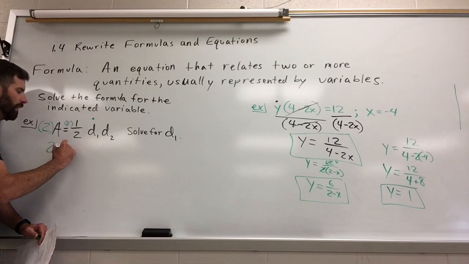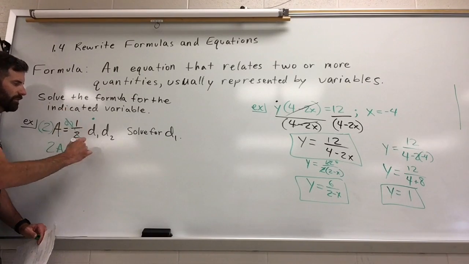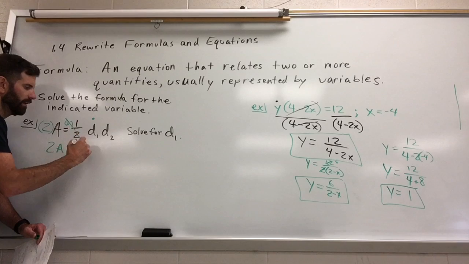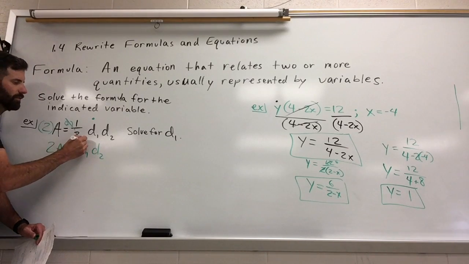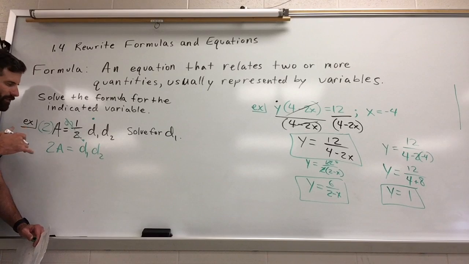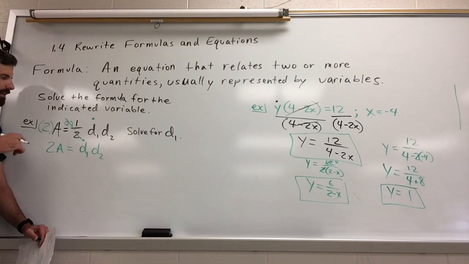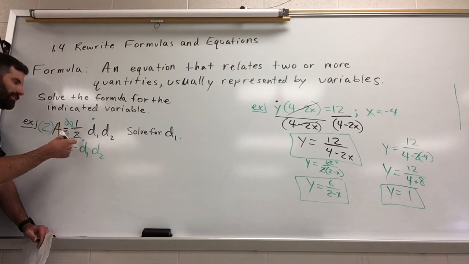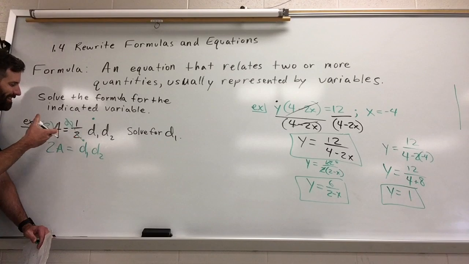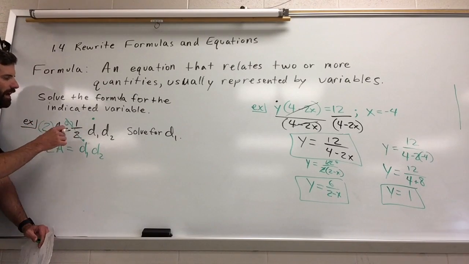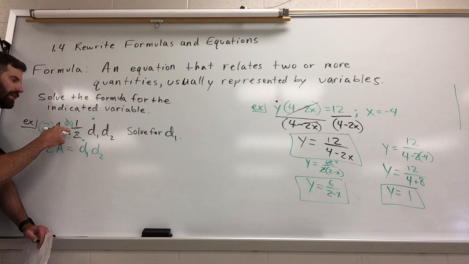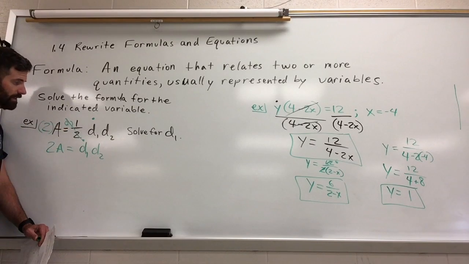And get 2A is equal to, the 2's divide out, make 1, and I get D1 D2. Still trying to get D1 by itself. I hope you guys are okay with that. You can divide by fractions in your calculator, but I think it makes more sense, and I hope you get used to the idea of multiplying by the reciprocal instead.